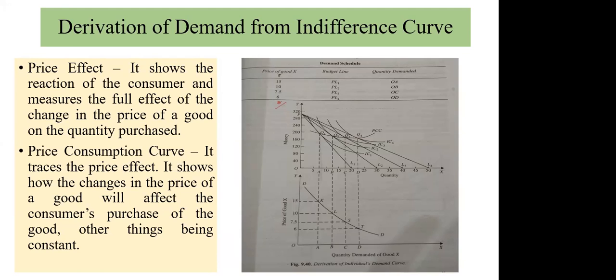So any combination of two goods will give a particular consumer the same amount of satisfaction. If we trace these points and join them, we will get this indifference curve. So I hope you are clear.